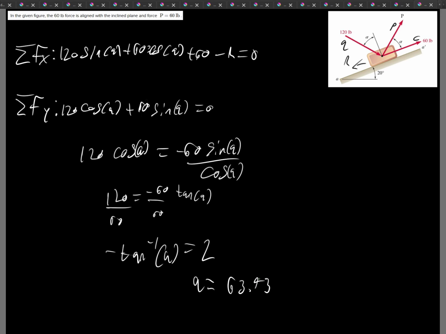If we divide by negative, it becomes negative 2. But I know that A is not negative, so it is what it is. We could have divided by negative 60, would have all been the same. This should be negative, but I know the answer isn't. So A is 63.43.